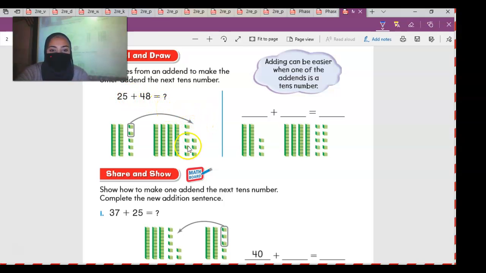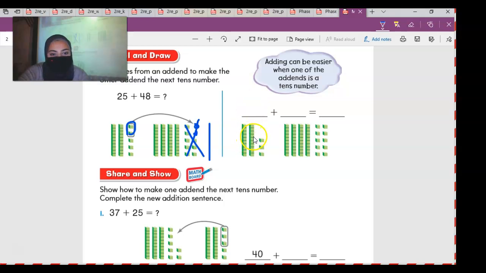So this is 8 ones, and they're basically telling you if you get 2 more ones and you bring them over here, 1, 2, then now you can cross these out and make a 10 instead. And then how many 10s do you have? 1, 2, 3, 4, 5, 6, 7. Now you have 7 10s and 3 ones left. 73.